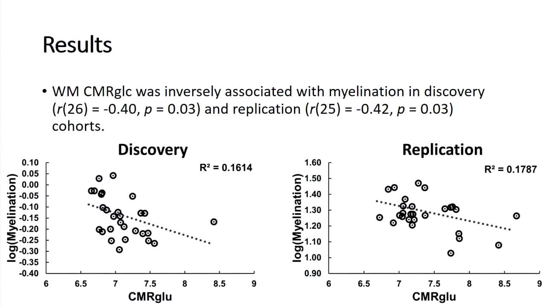For the results, across subjects, if you take the average glucose metabolism in the white matter and average myelination within white matter, there was an inverse association. So the more myelination, the less metabolism. One interpretation could be that more myelination supports more efficiency and maybe less metabolism in the brain.